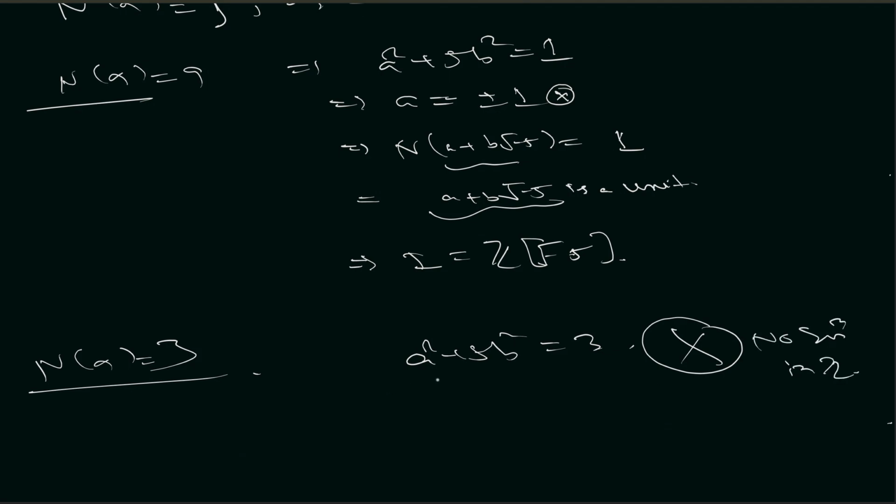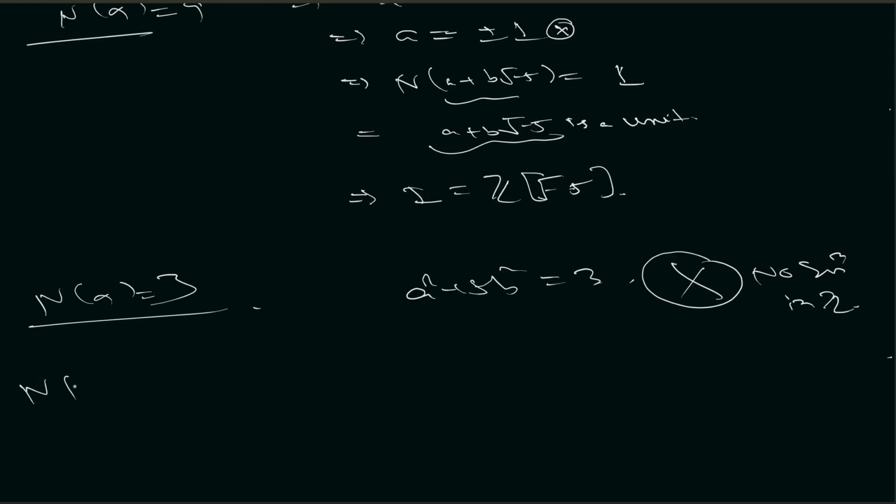You cannot have any integers a and b such that a square plus 5b square equals 3. Okay, now the case 3 is norm of alpha equals 1. So it will imply that a square plus 5b square equals 9.